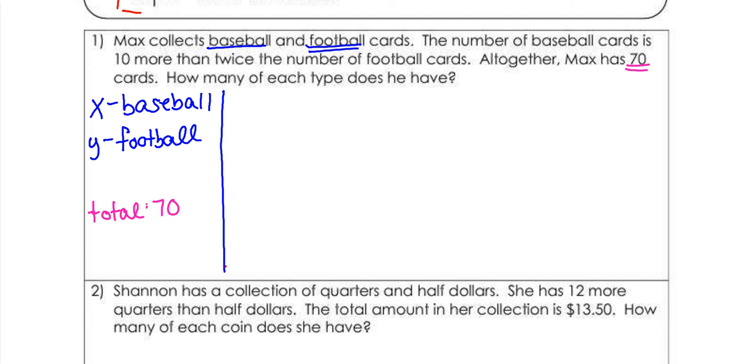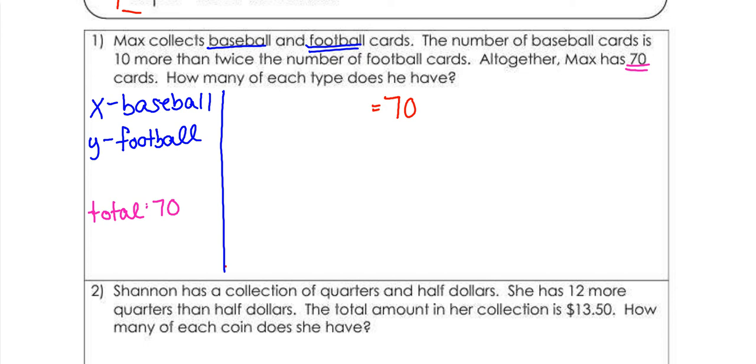I don't see any other totals in this word problem. And that right there indicates that this is a substitution word problem. There's only one total, meaning that we're only going to have one equation with X and Y on the same side. So let's start with that equation actually. So I'm going to have 70 as my total, starting with that.